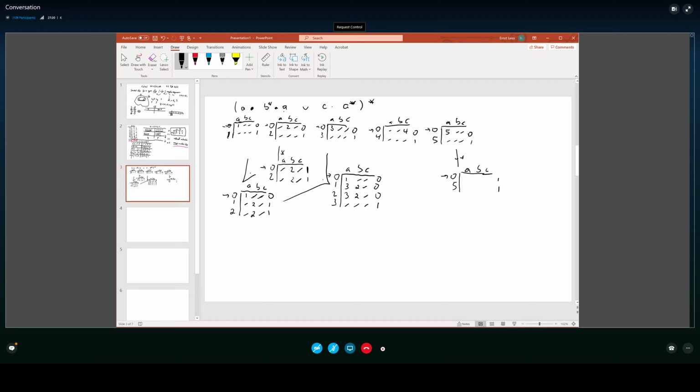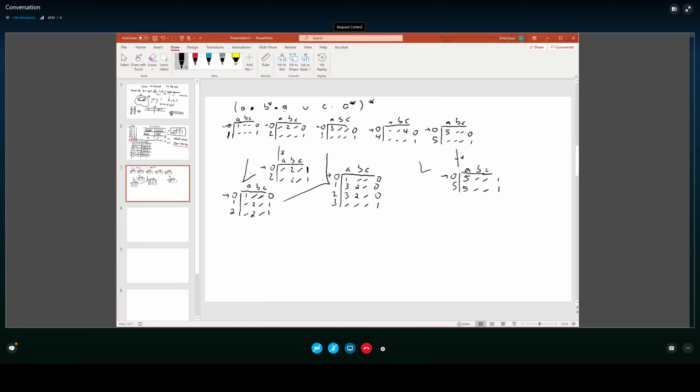Both states are final, so 0 and 5 are accepting. And then the initial state is rejecting, so we copy. 5 is accepting, so we take the union of this row with that row. So 5 and nothing is 5. Nothing and nothing is nothing. Nothing and nothing is nothing. So this is A star.